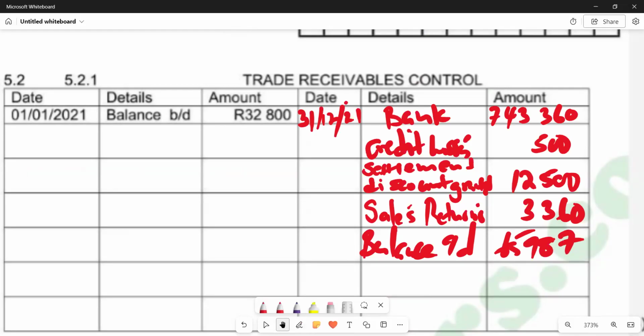And then obviously we put our double lines. What is clear is that the credit side is greater than the debit side. So let's take note. The total is going to come in the double lines on both sides, and that total is 825,707.